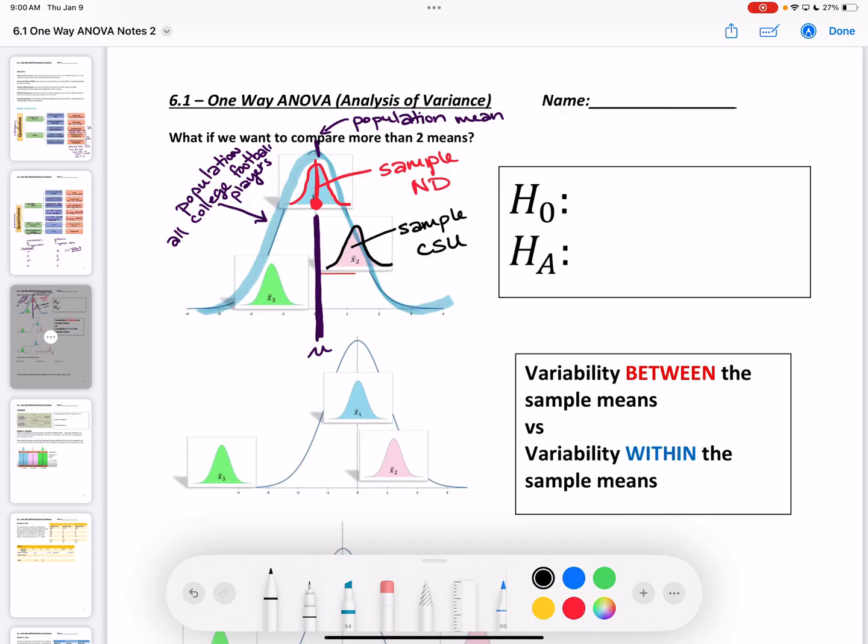If you look at that sample, then the mean is here, right? What do you notice about that mean compared to your population mean? It's higher, which means those football players at Colorado State, because that's what she watches, weigh more on average than my population average, okay?